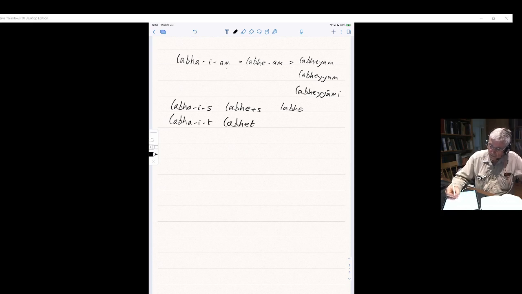In Pali, I just put asterisks here to show you that these are forms that don't actually exist, but they're given by way of illustration to show how the existing form does come into existence. So labhet becomes labhe.